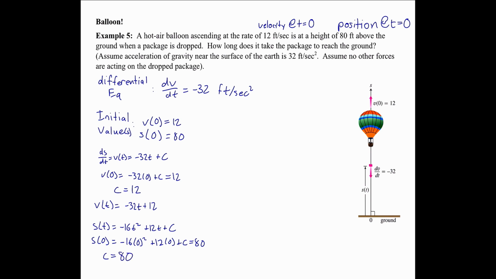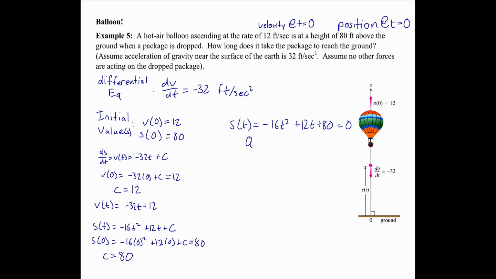So our position function can be written as s of t is equal to negative 16t squared plus 12t plus 80. And we have to think about how long it takes the package to hit the ground. Well, the package hits the ground whenever s of t is equal to 0. So what we now have to do is solve this for the t values.